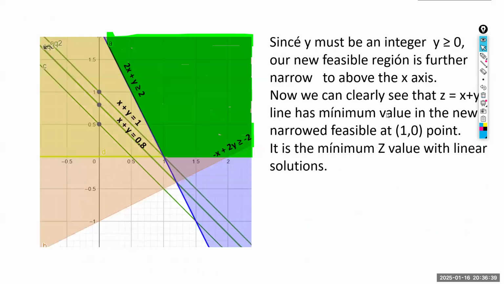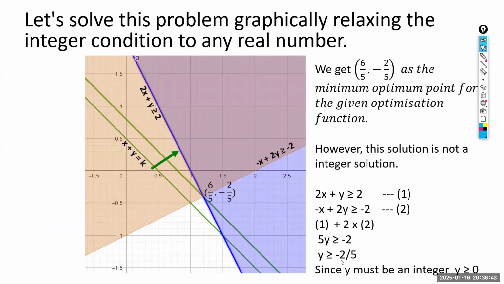Right. So now we have an additional constraint, that is y must be greater than or equal to minus 2 by 5. But remember, now we are in the integer solution. But y can't be a fraction. This is a negative fraction.